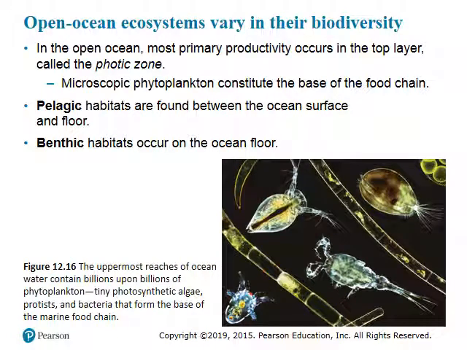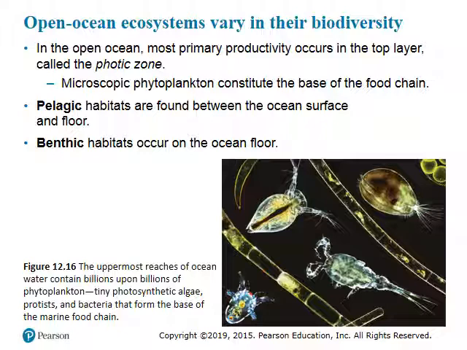In the open ocean, most primary productivity occurs in the top layer called the photic zone. Photic comes from photon, meaning light. So if you can remember the photon thing, the photic zone is the area that gets light. Within this, microscopic phytoplankton constitute the base of the food chain.